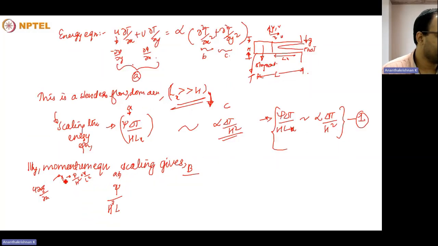Since Lx is very much greater than h, the term which dominates is psi divided by h squared. Substituting it back, U will be dou psi by dou y. Y will be in terms of h and x will be in terms of L. It will become psi squared divided by h cube into L.